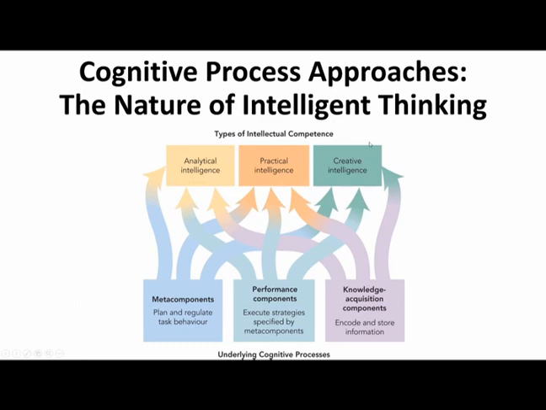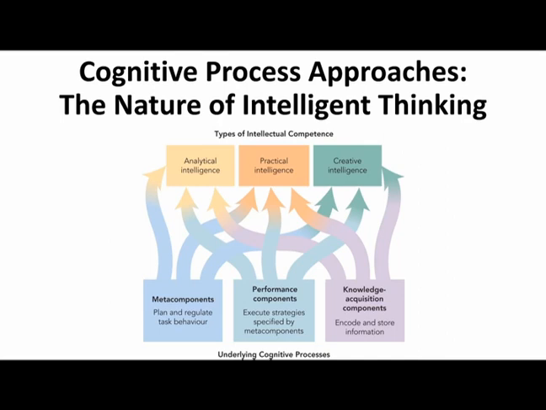At the top of this graphic here, we have the three types of intelligence that Sternberg thought would be involved in our intelligence. So we have analytical, practical, and creative intelligence. He argued that analytical intelligence would be sort of the traditional kind of intelligence, with problem-solving skills that could be measured by traditional tests of intelligence.